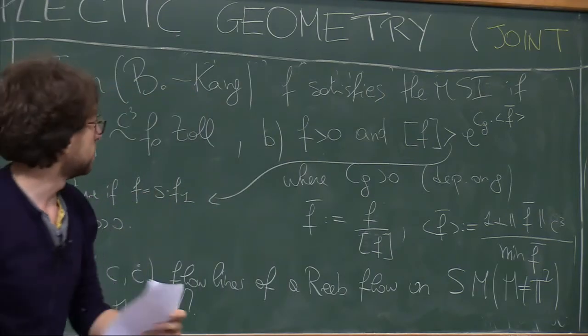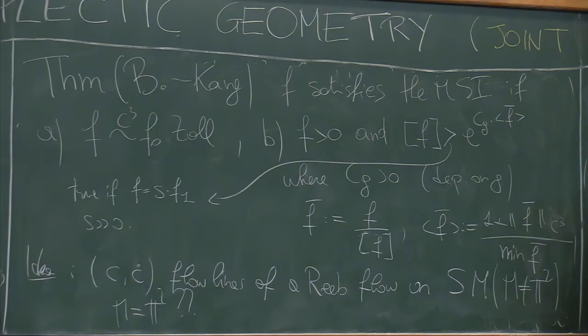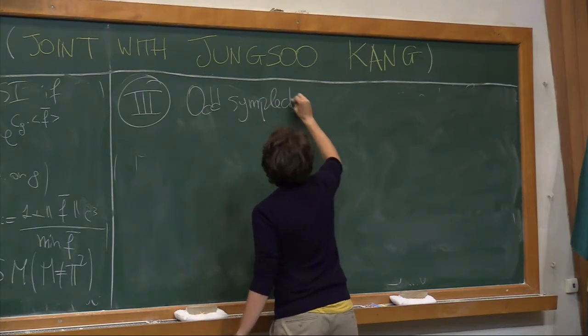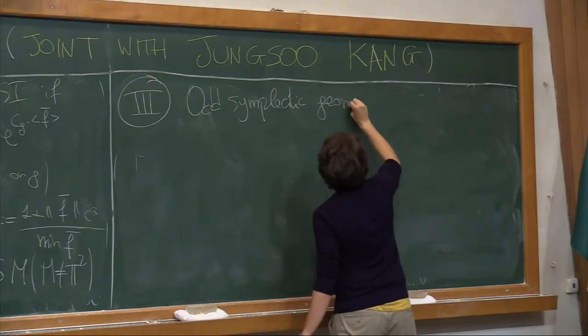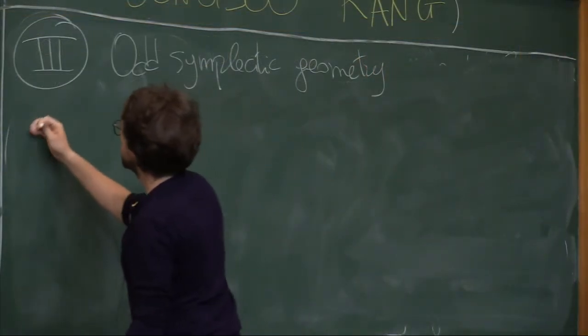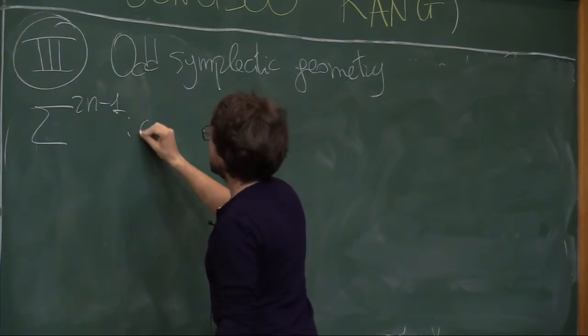Good. So let's go then to the third part. This odd symplectic geometry. Okay, so for this, I start always with a manifold of dimension 2n minus 1.